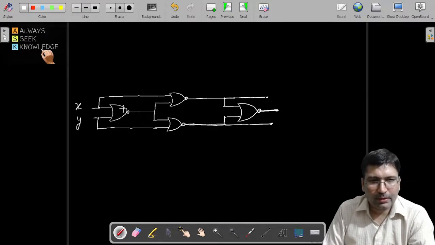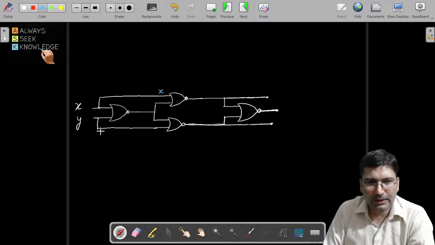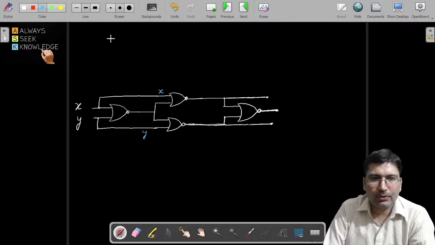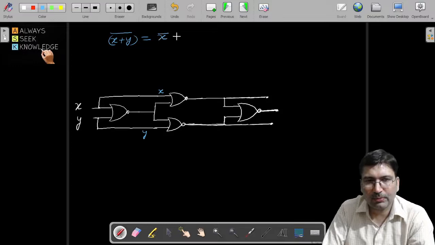So here, this is X only, and this is Y. There's no problem. But here what we are getting is (X plus Y) whole bar. So if you consider X plus Y, the whole complement of it, ultimately we will get X bar dot Y bar, right? So here we are getting X bar dot Y bar.